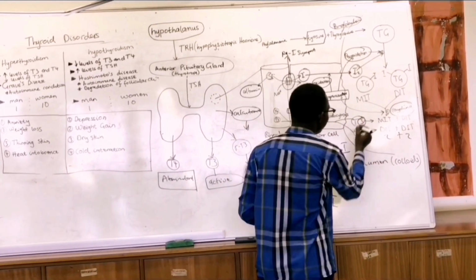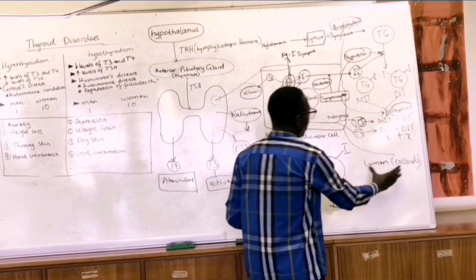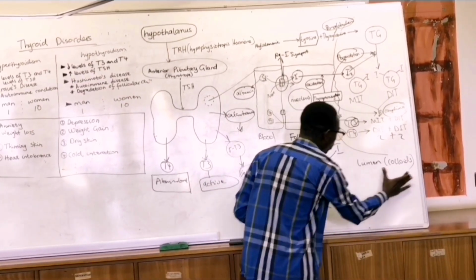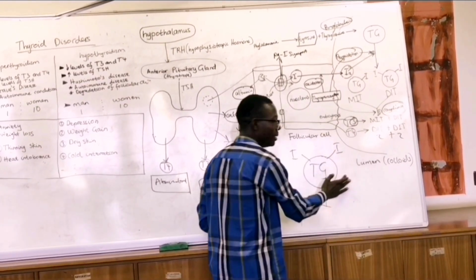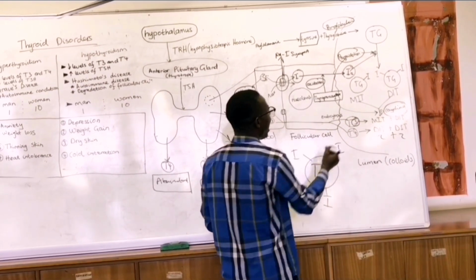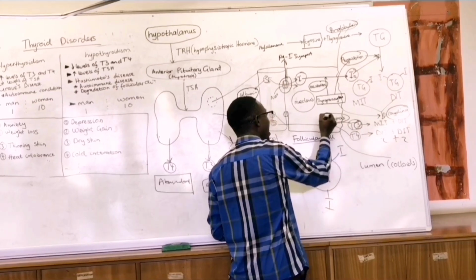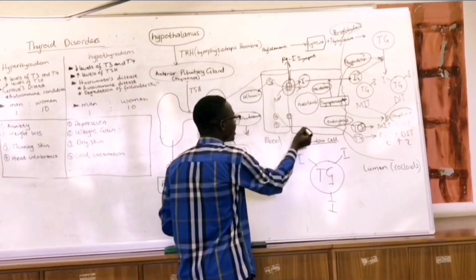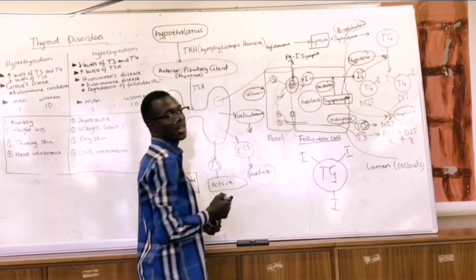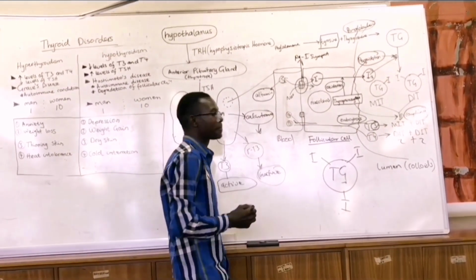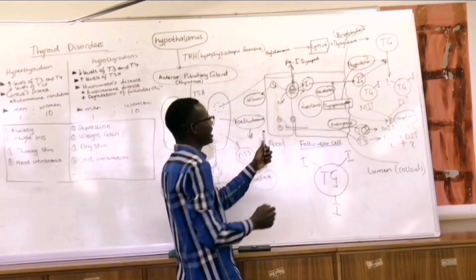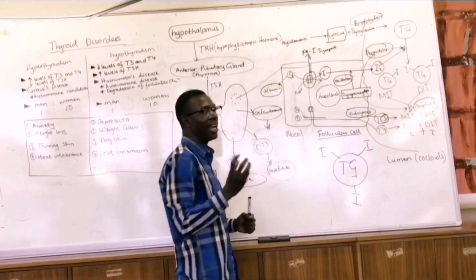After we have formed these hormones, remember we are forming them in the lumen. This is the lumen. They get into the follicular cell by the process of endocytosis, and then they move from the follicular cell into the blood. All right. The T4 and T3 have physiological effects.